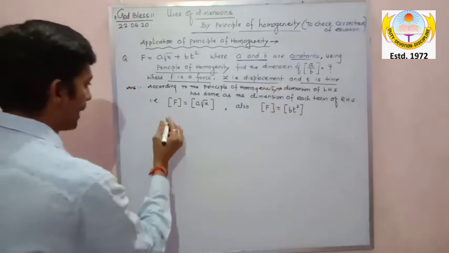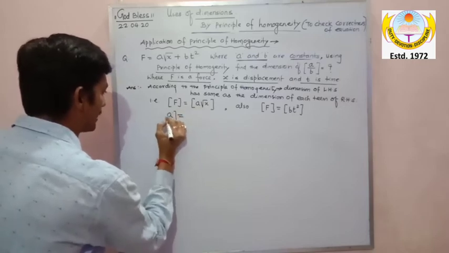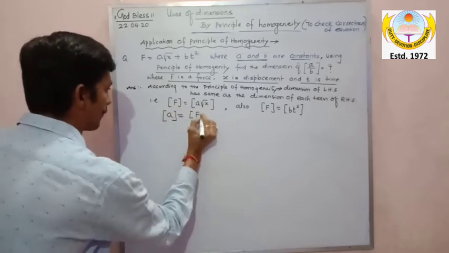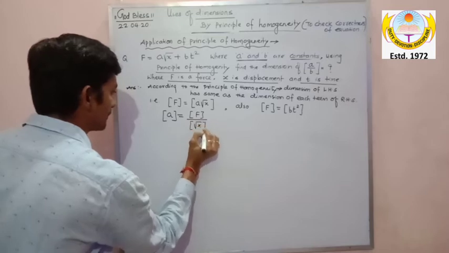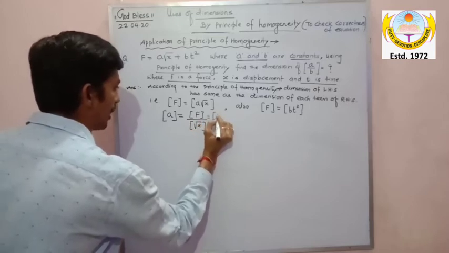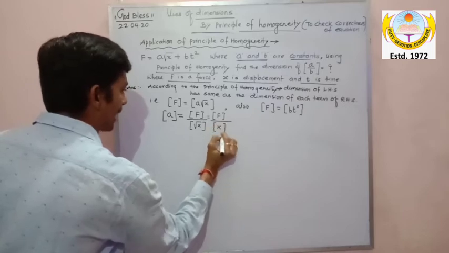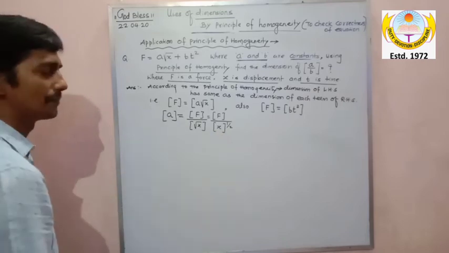So now from here, my dear, what is the value of A? The dimension of A, by simple algebra, is nothing but the dimension of F divided by the dimension of root X. This can be written as the dimension of F divided by the dimension of X power half, because root X should be written this way.